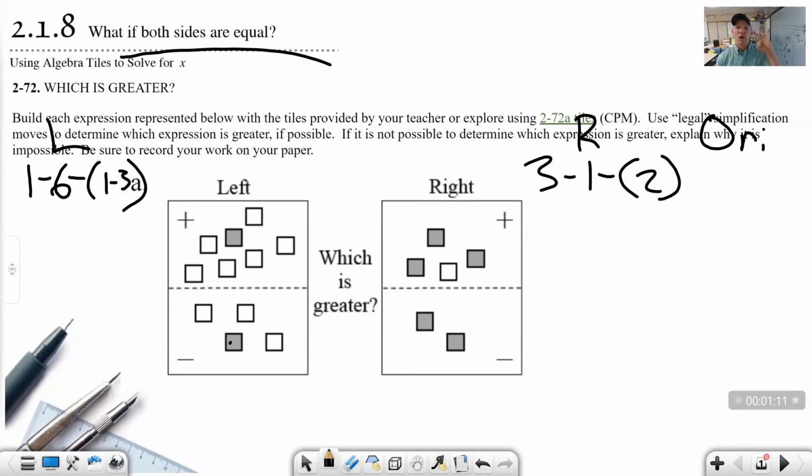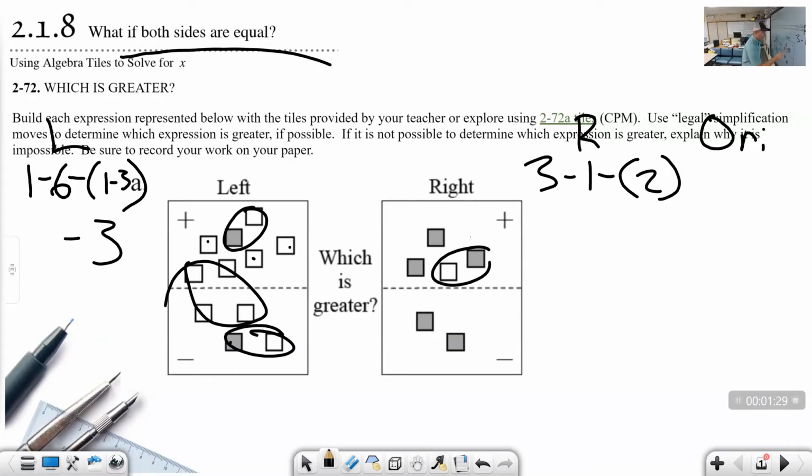Now, last week we talked about our 3 legal moves, in this order: zero pair, flip, and balance. Let's start with the zero pair. So on the left I have 1, 2, 3 negatives. Zero pair. Zero pair.